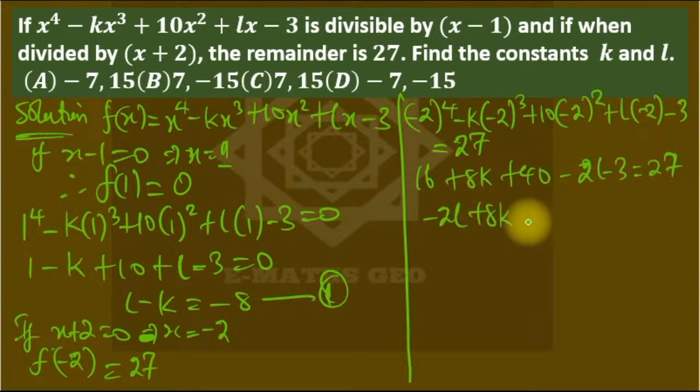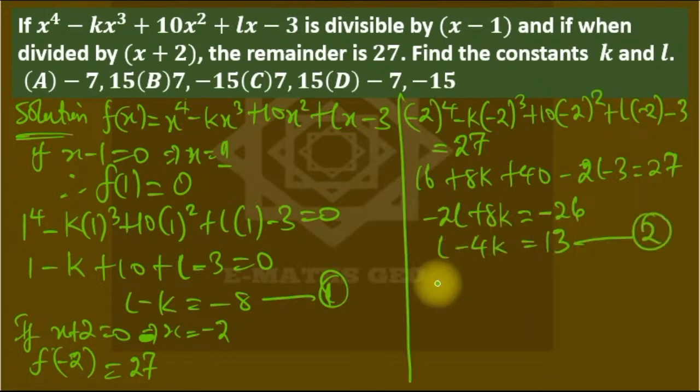Minus 10 minus 16 is minus 26. So let's divide by minus 2. I have l minus 2 minus 4k, divided by minus 2, 13. So that is equation 2.